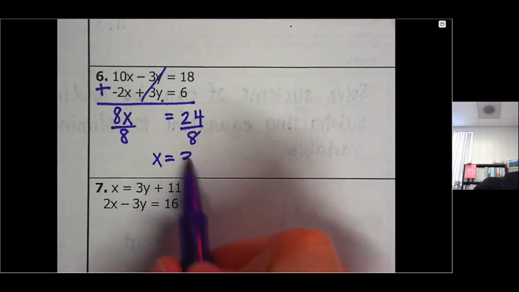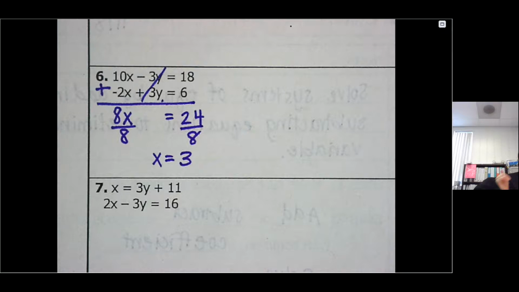3. That's okay. And then take that and plug it in. You plug it into one of the equations, we'll see if we get the same thing.